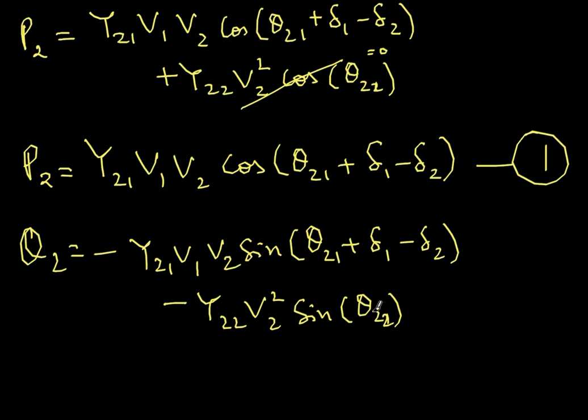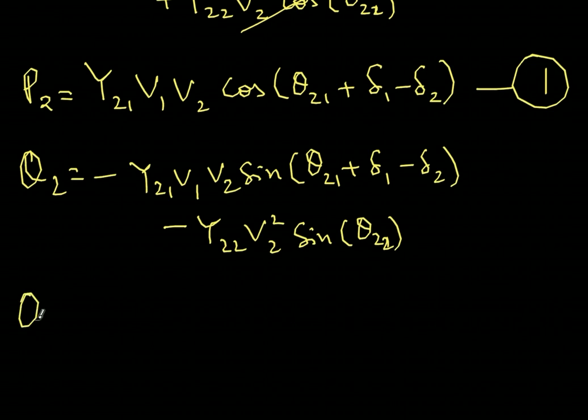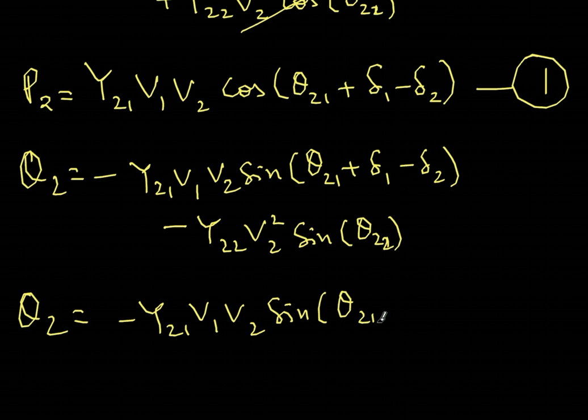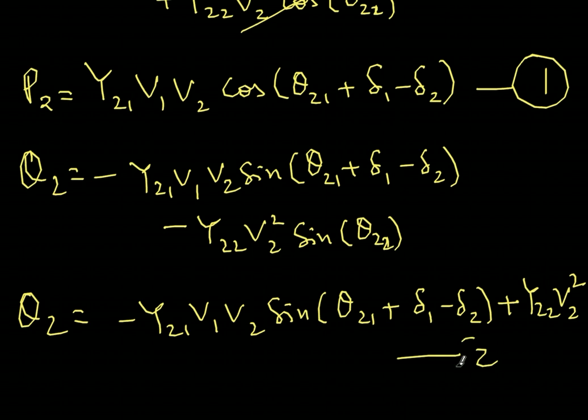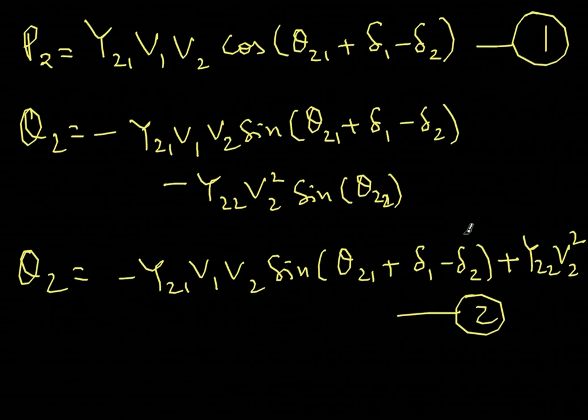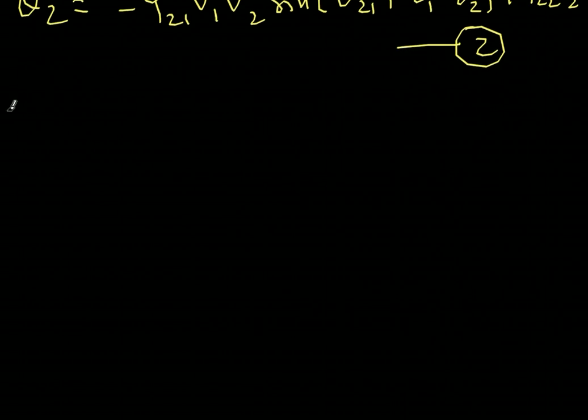Sine of minus 90 degrees is minus 1, so this will become minus 1 into something, so this will become plus. Finally, I have Q2 equal to minus y21 V1 V2 sine of theta 21 plus delta 1 minus delta 2 plus y22 V2 squared. So this is my second equation. So I have two equations. Now, I want to solve them. Let me clearly write down these two equations also.